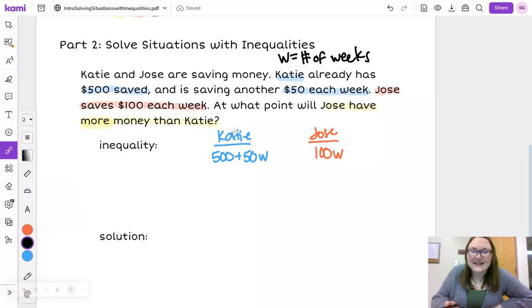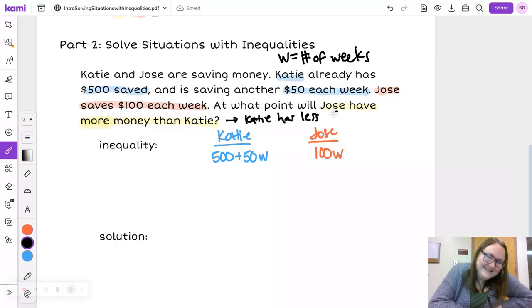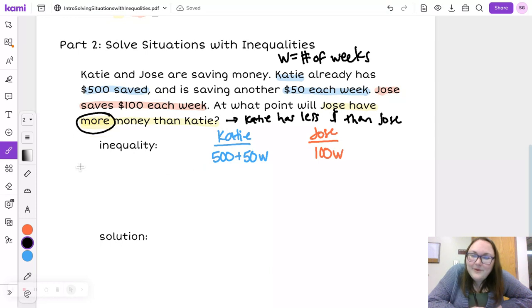You can think Jose has more money than Katie. That would also mean that Katie has less money than Jose. But that word more right there, and if you think about it the opposite way, that word less, that helps me know what inequality sign is going to go here.